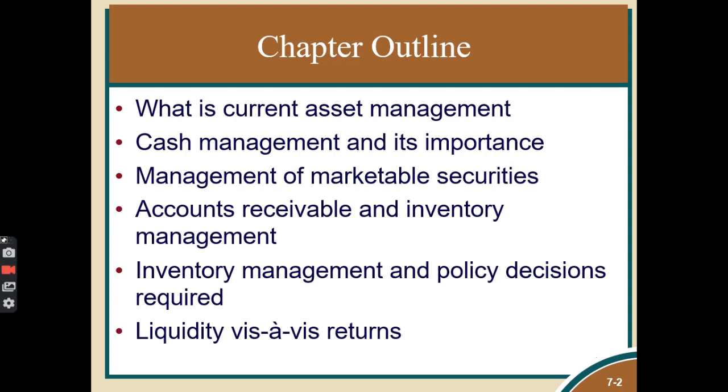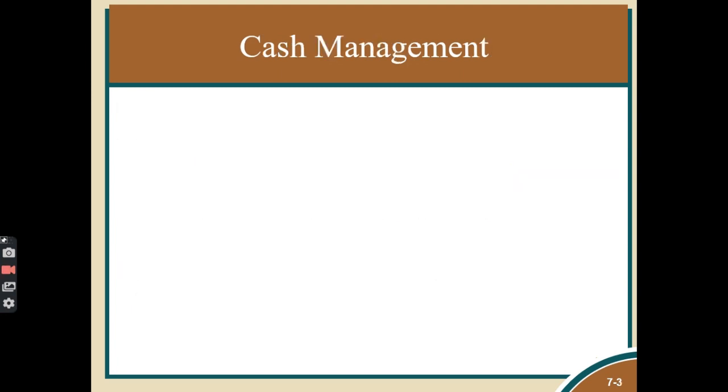We are also going to discuss a bit of marketable securities because this is also part of our current assets. We will have receivable and inventory management, and also policy decisions required in your inventory management. And then finally, we're going to discuss liquidity in relation to returns.